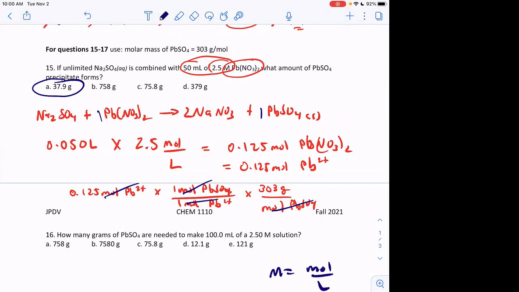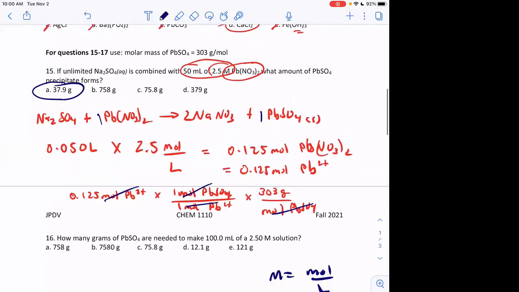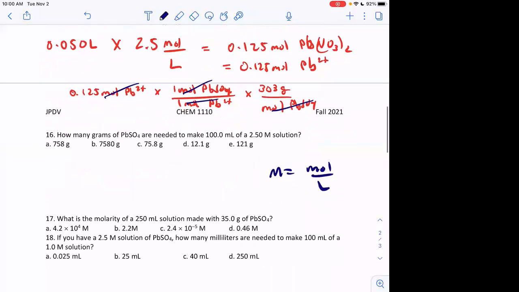But you don't even need that. This question stands alone. All you need is the molar mass. You don't even need question 15 to solve this, right? It's just a molarity question.